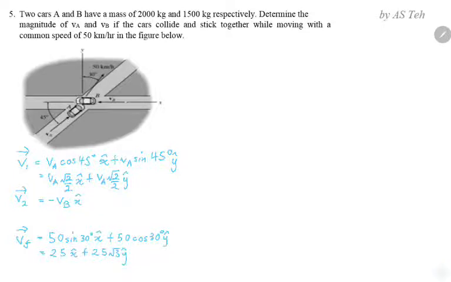Okay, so the first thing we do for momentum, as I mentioned, is that the total momentum of the system in the beginning is the same as the total momentum of the system after. So if I write the complete equation, the momentum of car A or car 1 plus the momentum of car 2, the initial momentums, equals the momentum after, where their masses are combined.